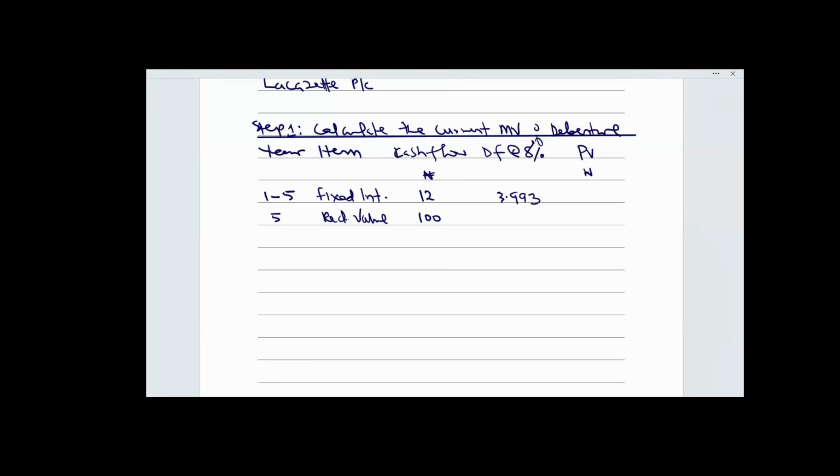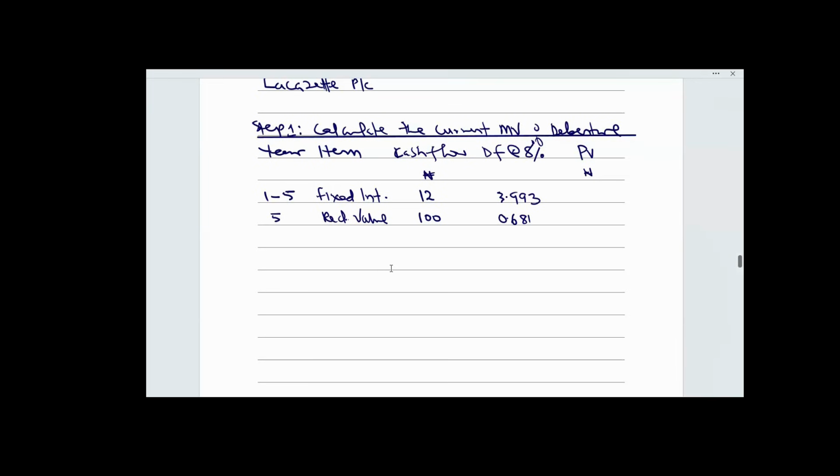Discount factor at 8% for year 5: 0.681.